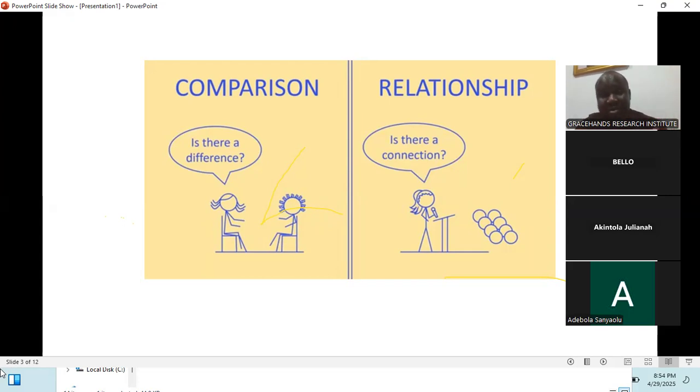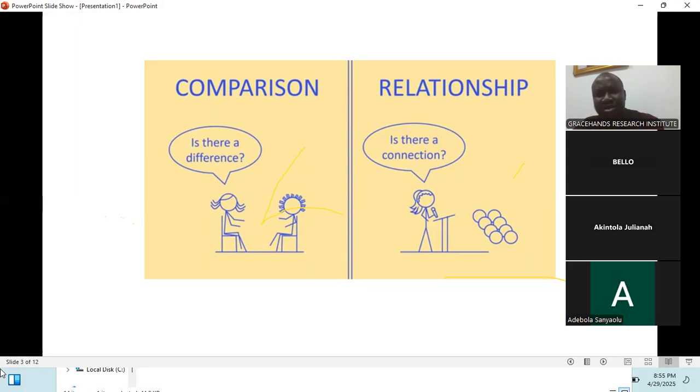Am I making sense? So, relationship: is there a connection? I've told us in the past, there's something called dependent variable and independent variable. I do that training. It's part of my training under research, and I think it's part of the training under the data analysis class.